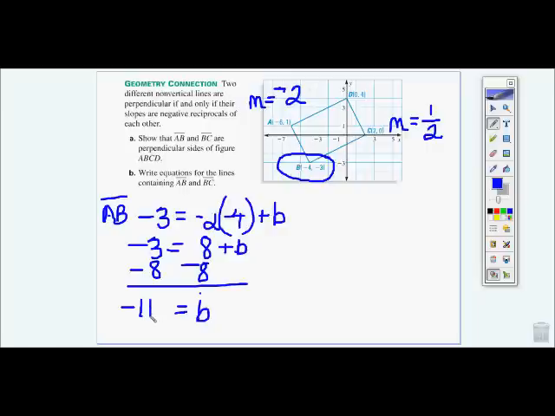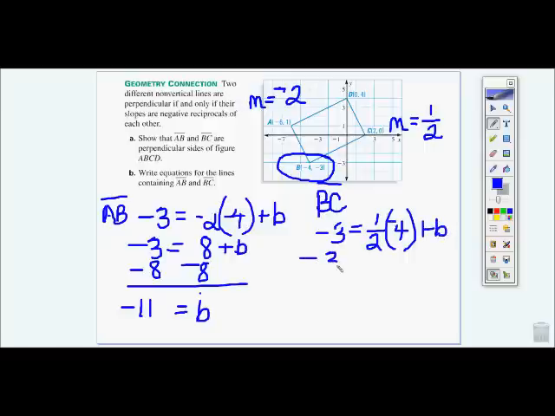Now if I do that with line segment BC, I'll do it again the same as they have it in the book. We're going to use the same coordinate point there. I'm going to say that the y would be -3 again, equals my slope, which is 1/2, times my x term, which is -4, plus b.